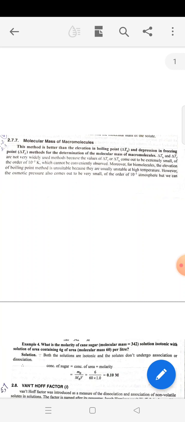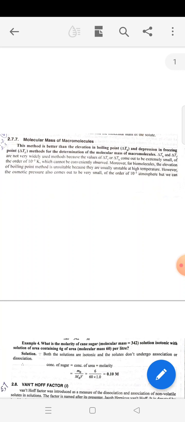So we don't have such sophisticated instruments, no thermometer, which can read such small differences. That is why it's practically very difficult to measure the differences in temperature if we want to use these methods. So it's written: which cannot be conveniently observed.